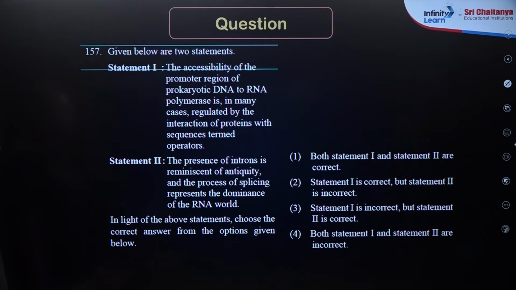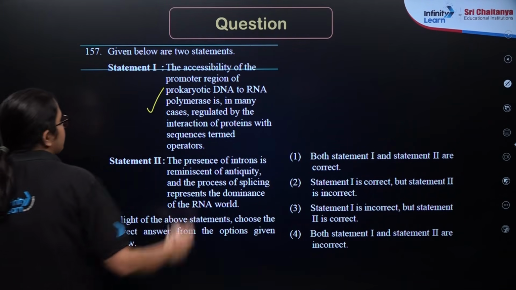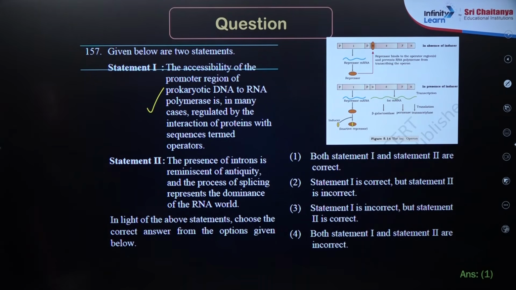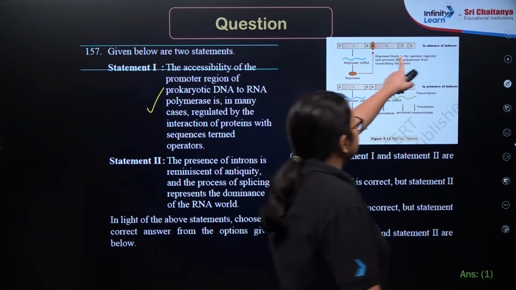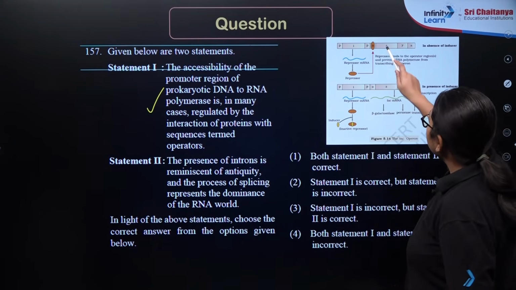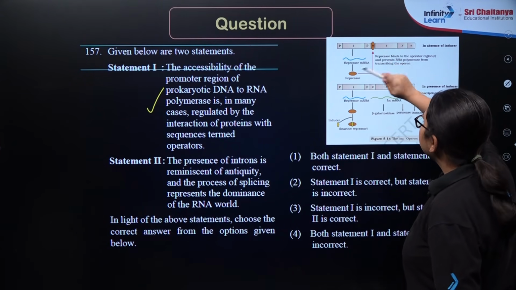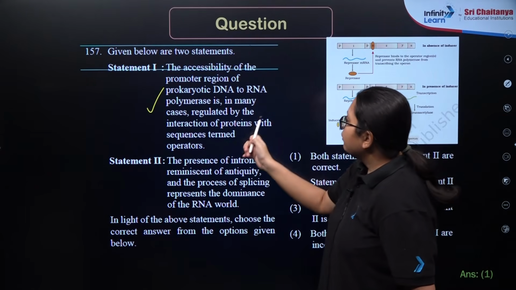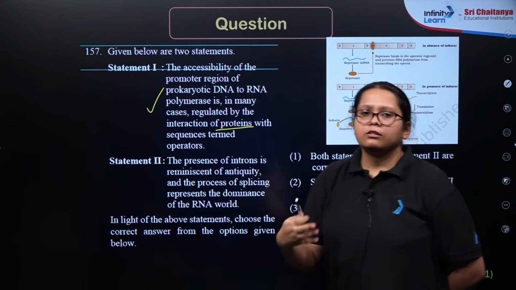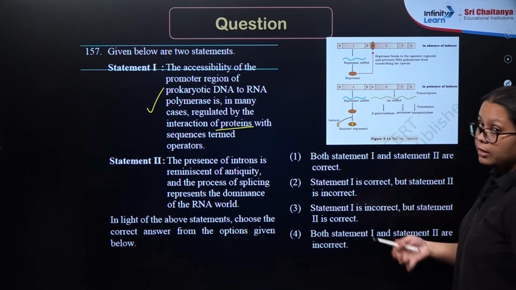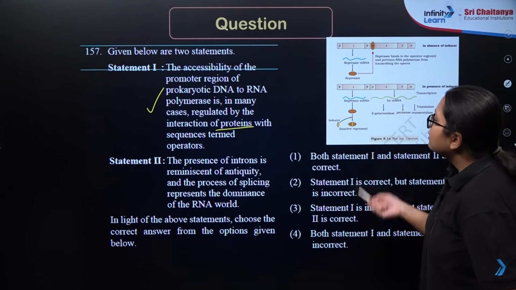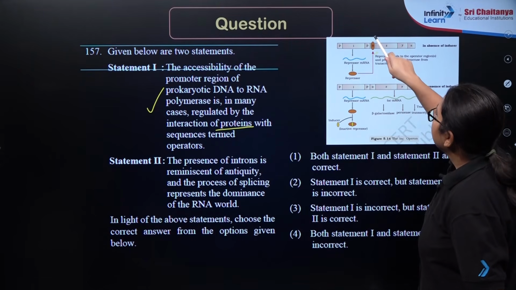Next, the accessibility of the promoter region of prokaryotic DNA to the RNA polymerase is in many cases regulated by interaction of proteins with sequences termed operators. This is correct. You can understand with the example of the lac operon. This is your DNA, but for the mRNA, the RNA polymerase will need to interact with various proteins like regulator, inducer, repressor, and then it will be able to bind to the promoter region.